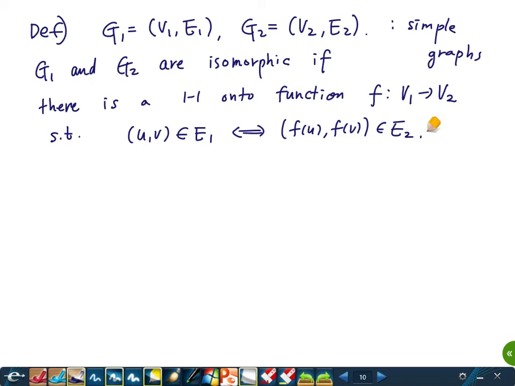The definition looks a little abstract, so we need an example. But the definition is like that.